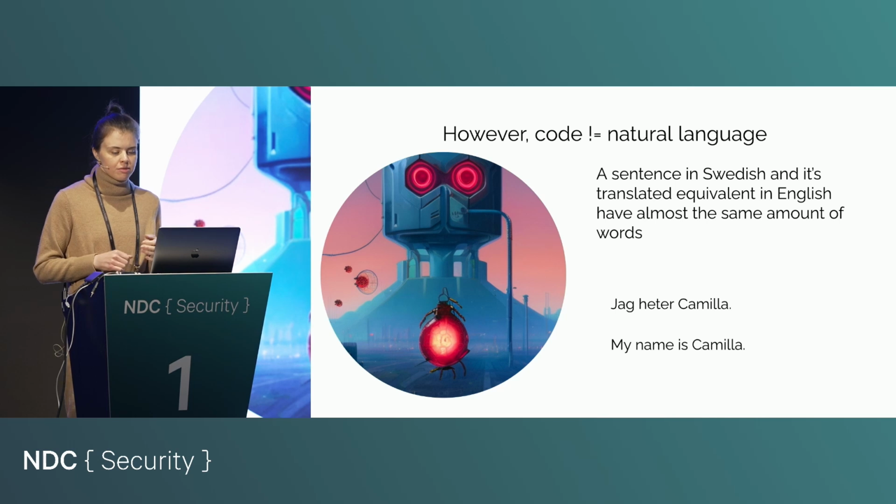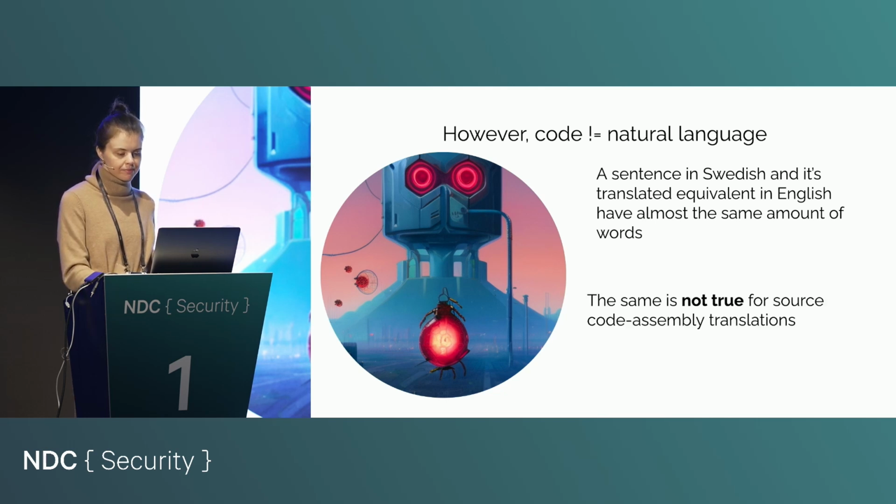One of the ways is just taking a look at the number of words in the original sentence and the translated sentence. So here I have one sentence in Swedish, and its direct translation in English. And we can see that when we count the number of words, they're almost the same. So if we would divide it, the ratio would almost be 1. There's 3 words in the Swedish one and 4 words in the English one.